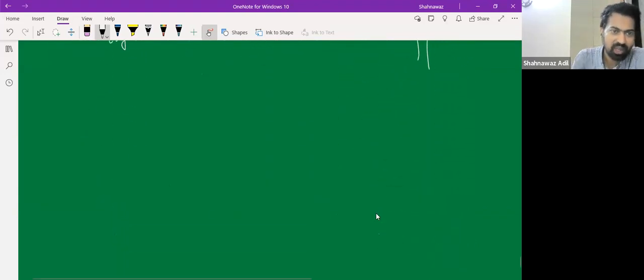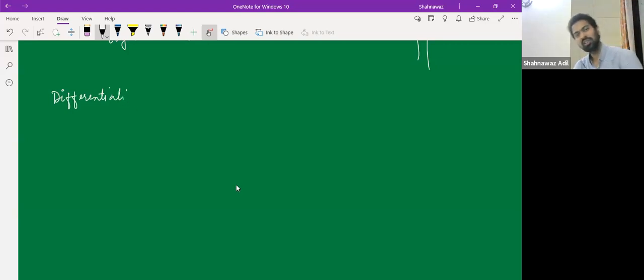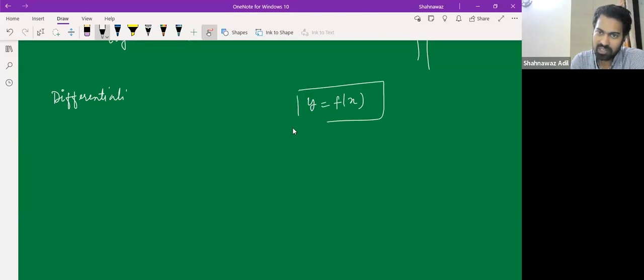Okay, and we have this differentiation. You understood what a function is: you have a dependent variable and an independent variable. Let's say y is a function of x. If I change this x, this y will also change.